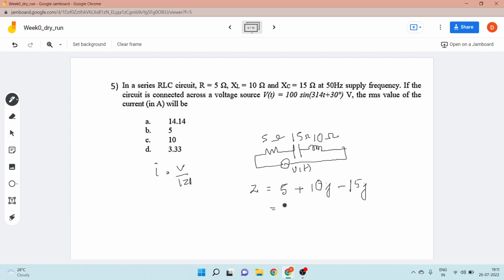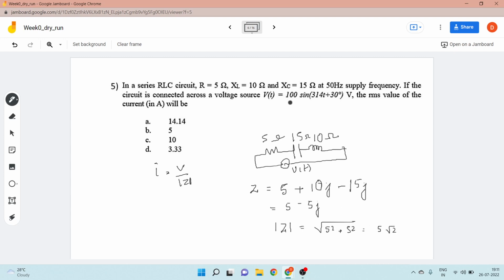So if we were to calculate this, it becomes 5 minus 5j. So basically the mod value of Z will be square root of 5 square plus 5 square, that is 5 root 2.